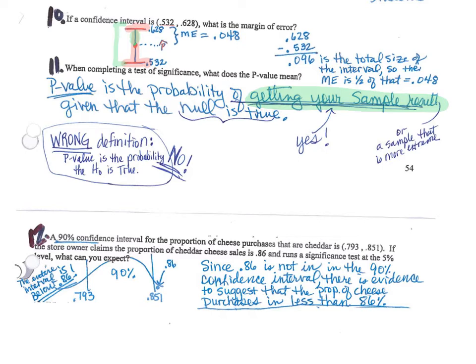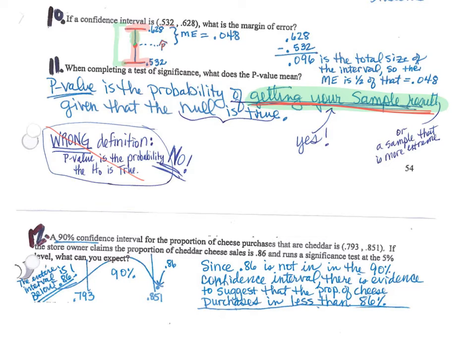Here is the most common wrong definition. It'll be on the test tomorrow. It'll be on the AP test. Here is a no-go. The wrong definition: P-value is the probability that the null hypothesis is true. That is wrong. P-value is not the probability that the null hypothesis is true. The p-value is the probability that you get a particular sample if the null hypothesis is true.